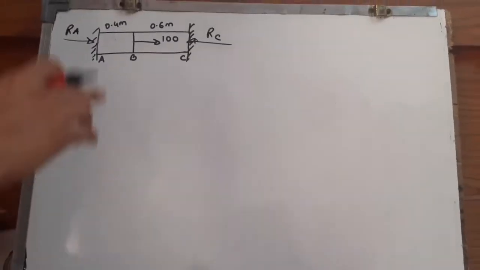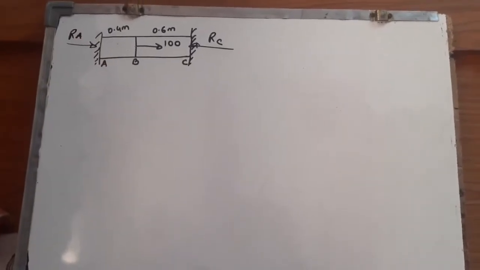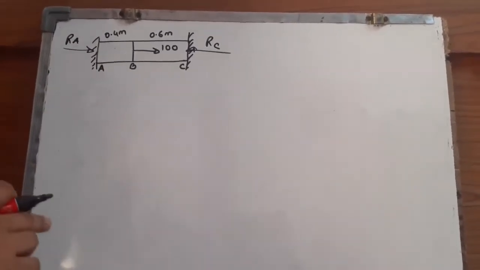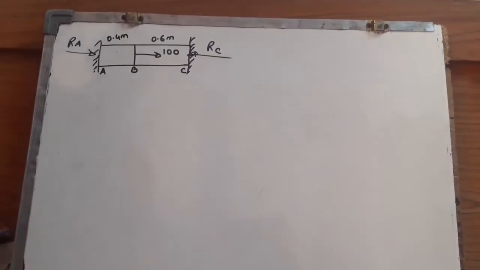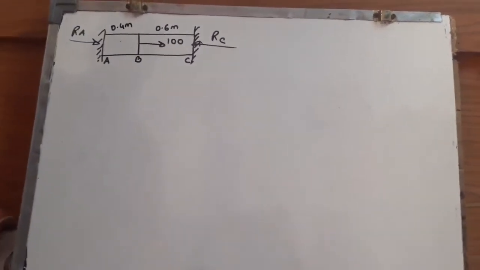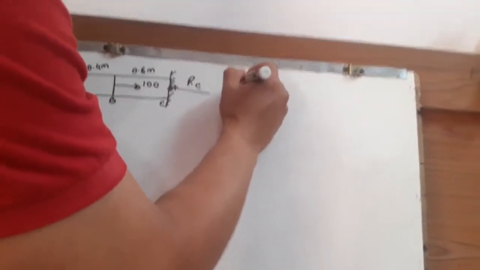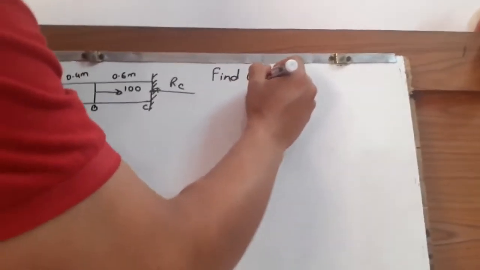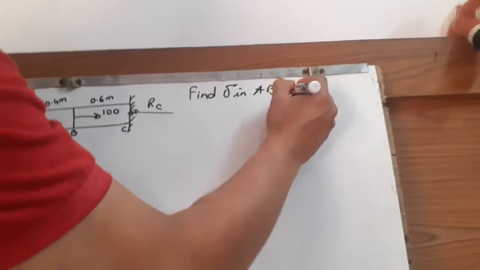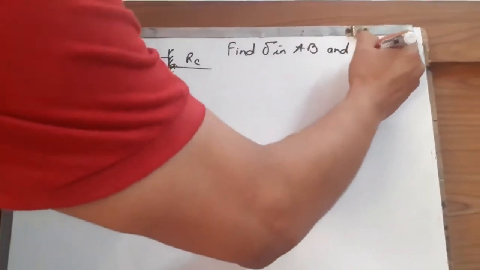So by looking at the problem, you can estimate that the first equation that needs to be formed is... the problem here is you need to determine the stresses in the sections AB and BC. The problem is find stress in AB and BC.